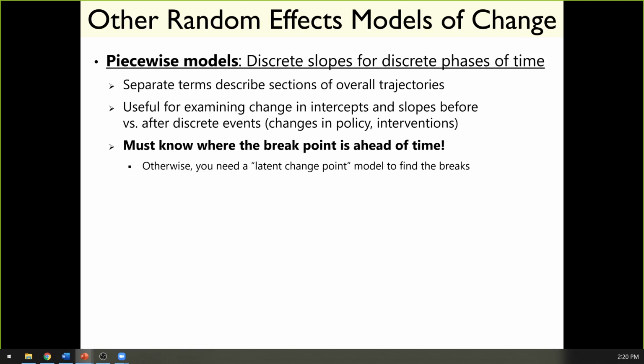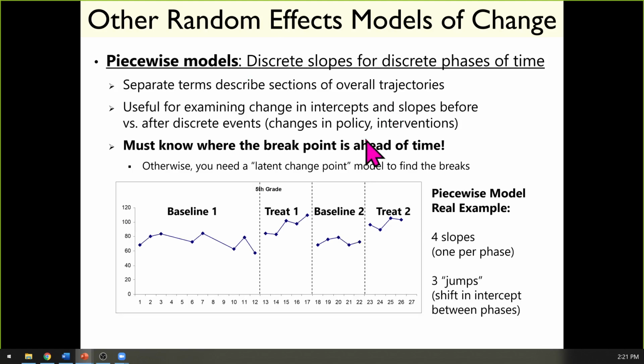So for instance, one of my students happened to have data in an area where a tornado had hit, and they were collecting data before the tornado hit, and then the tornado hit, and they decided to collect more data afterwards. So that's a very realistic setting for when a piecewise model would be appropriate. Something happened in the middle, and you're not the same afterwards. And so it may be of interest to know how change changes before and after some event.